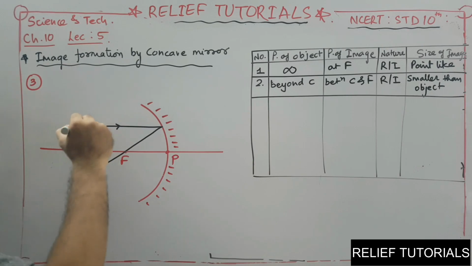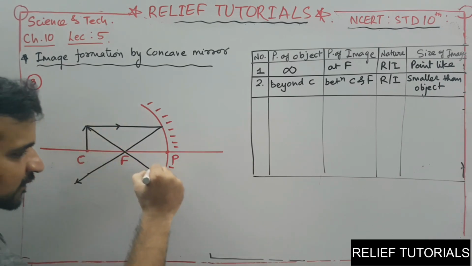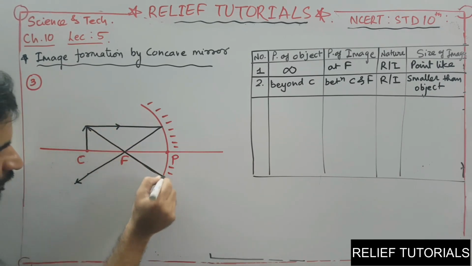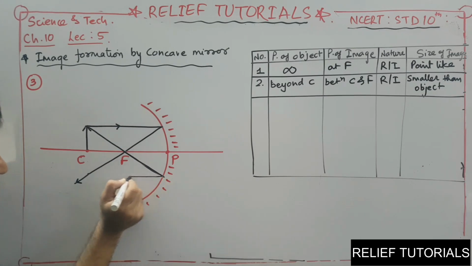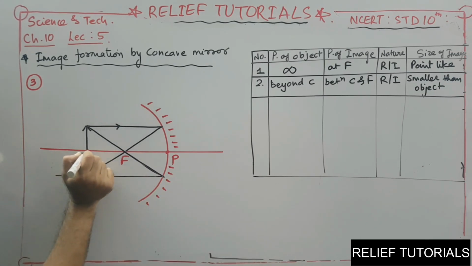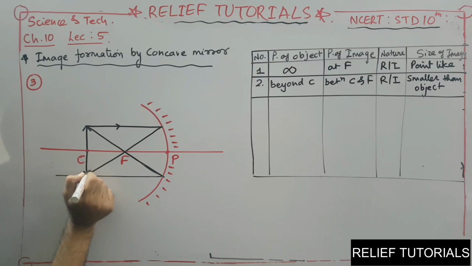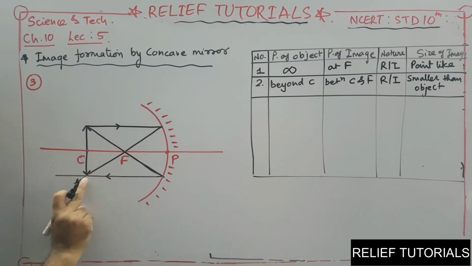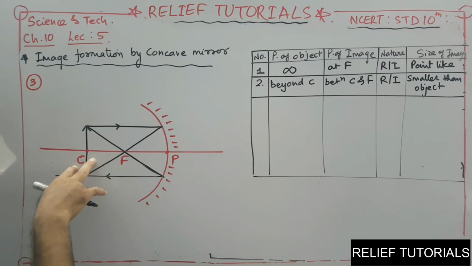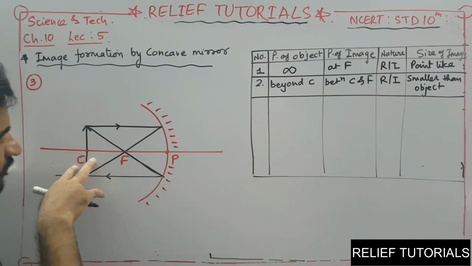So let us say the second ray goes like this and it reflects like this. So here we are obtaining the image because both the reflected rays are meeting here. The meeting of reflected rays is real actually. So the image is also real.